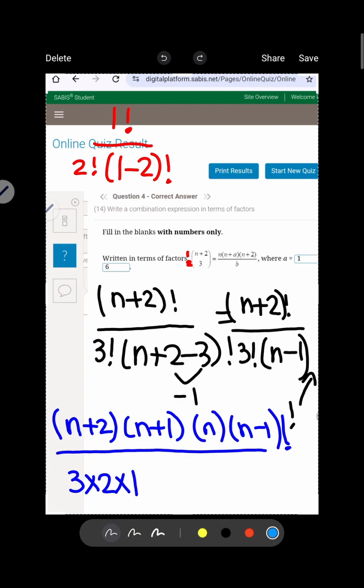Basically, this is 3 factorial, and then (n minus 1) factorial.